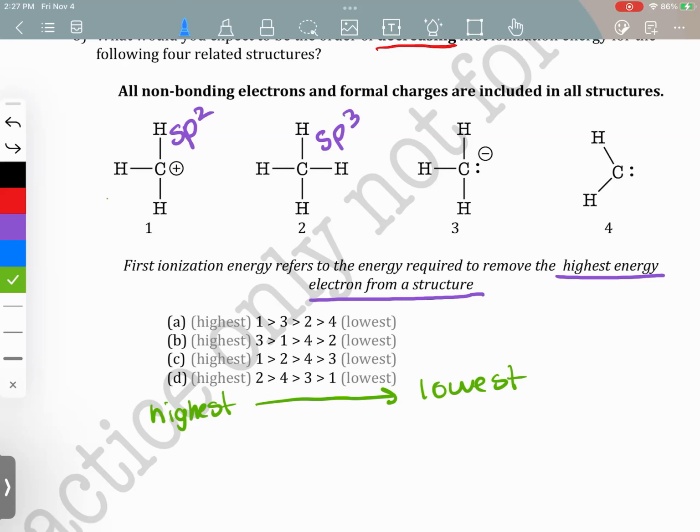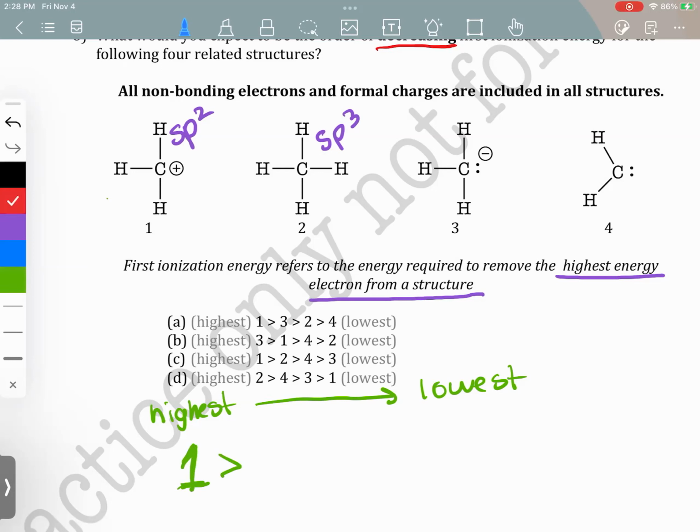It was more stable, so a higher? Right. The hybridization is lower in energy, which means it's more stable. So in those cases, it will always take a high amount of energy to break their bonds or take away electrons from that bond. So 1 would be the highest.